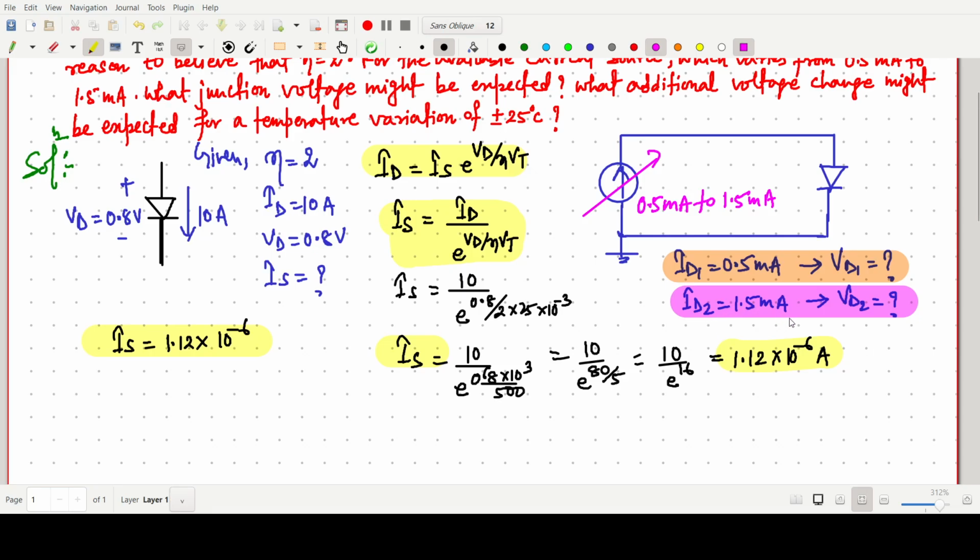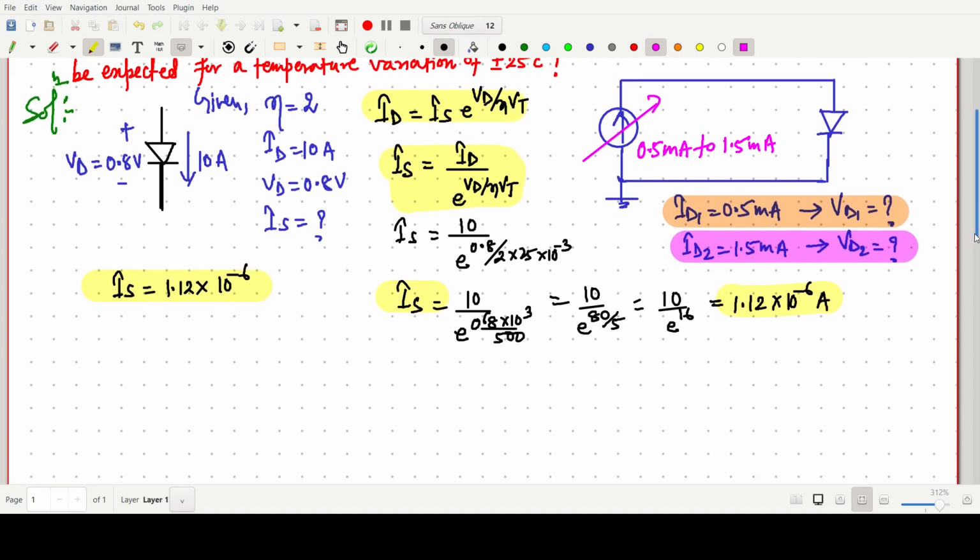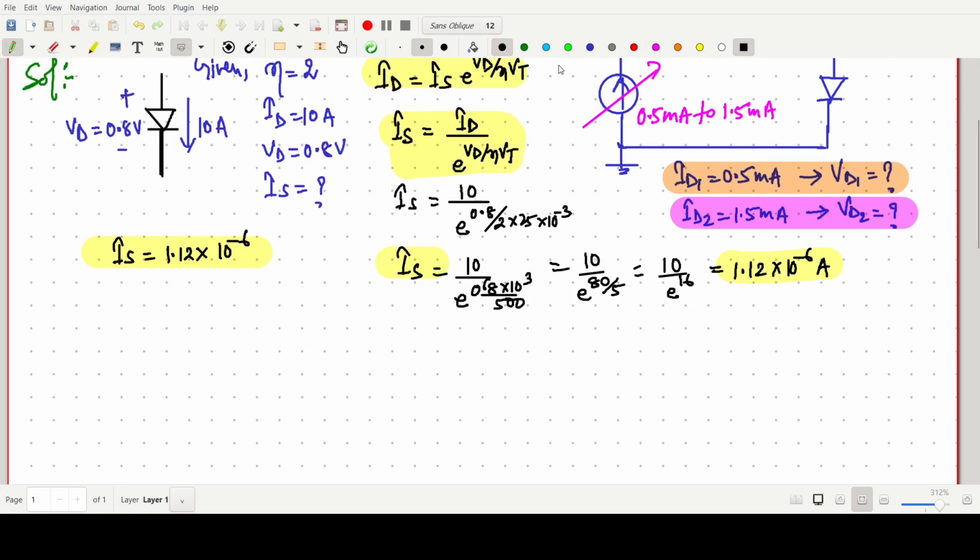So what we will do again, we can write ID1 is 0.5 milliampere. We have to find the value of VD1. Again we start with the diode equation. We can write ID1 equals Is e to the power Vd1 by eta Vt.